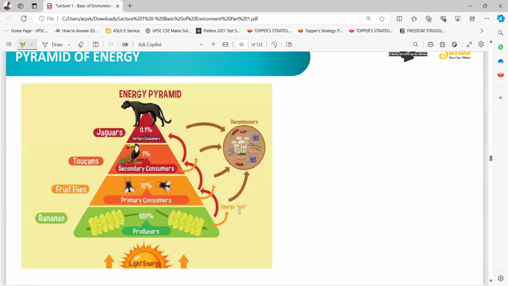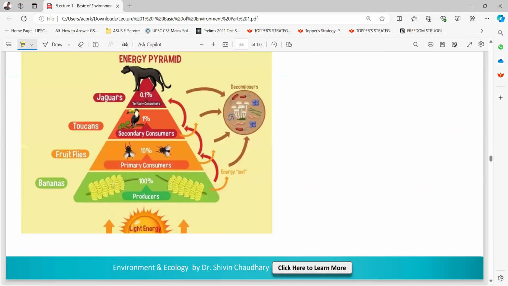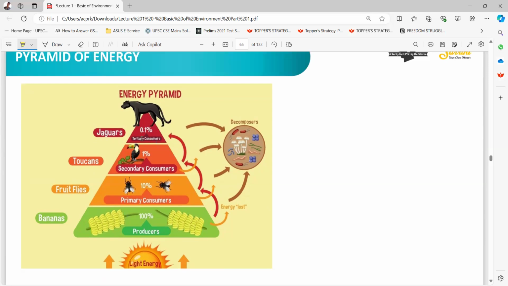Light energy, producers have 100% energy. Then primary consumers, it turns to 10%. Secondary consumers, 1%, and tertiary consumers, 0.1% energy.